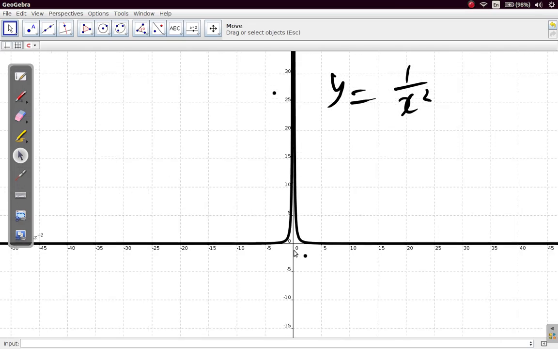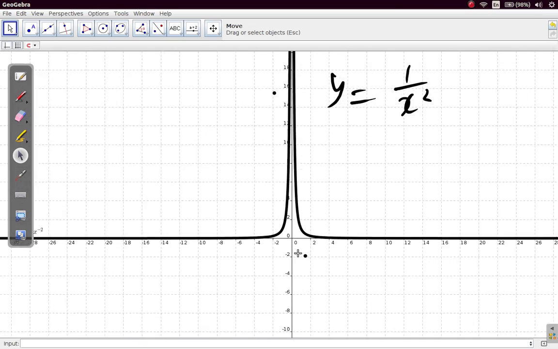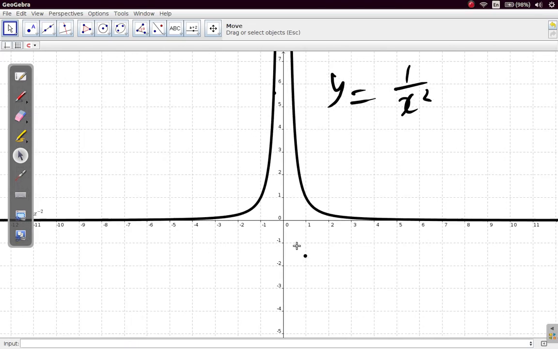Now, if you consider trying to see what happens when x is 0, you get y equals 1 over 0 squared, which is 1 over 0. You cannot divide by 0. It's undefined. So you do not have a value plotted when x equals 0. What about y equals 0?